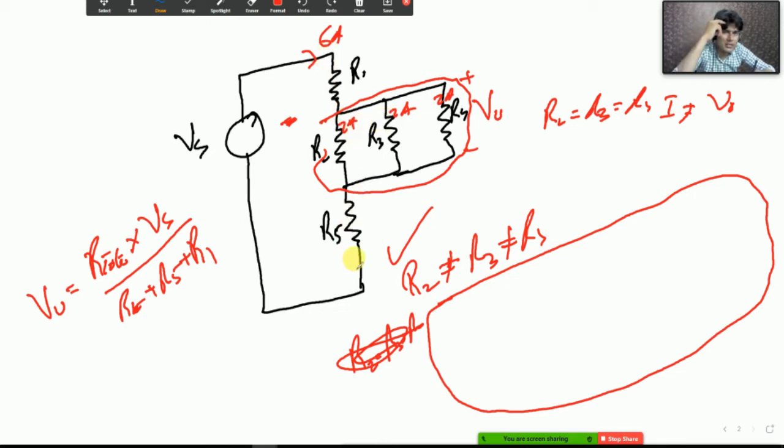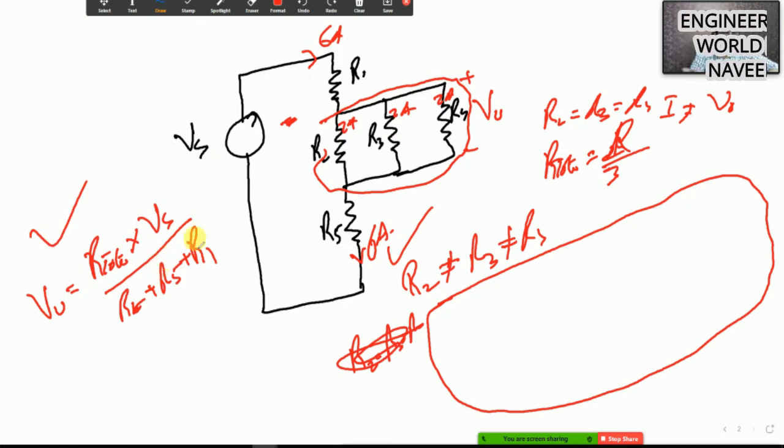So here you will get 6 ampere again. We need to divide by 3, either dividing R by 3 or dividing the current by 3, like 3 same resistors. So we find the R total, and R total will be R divided by 3. Got it? Yeah, the resistors are the same. So this equation will give you R total, and you will use this formula and find the voltage across this.